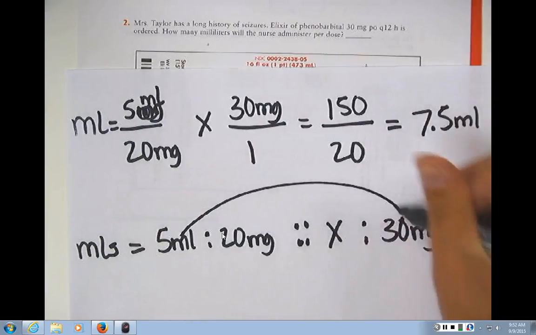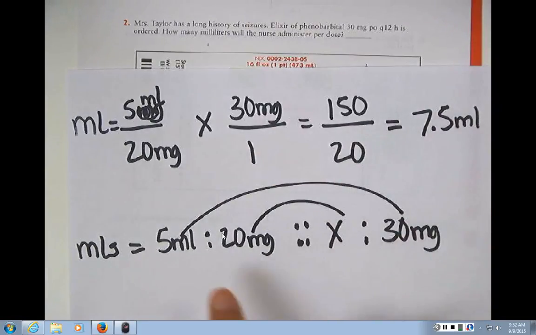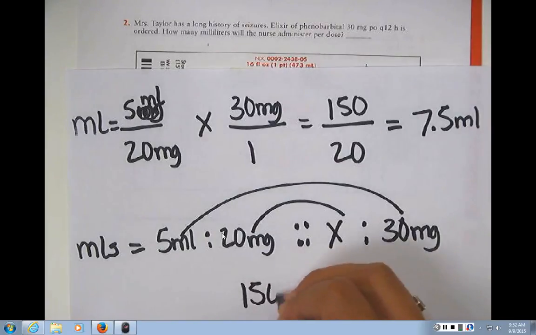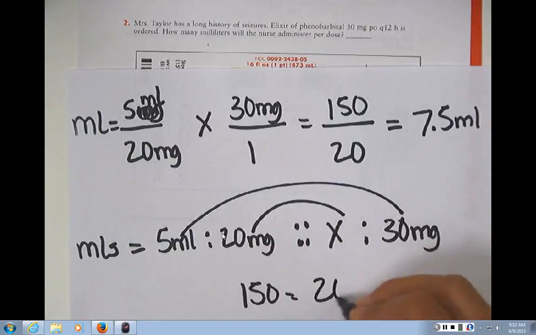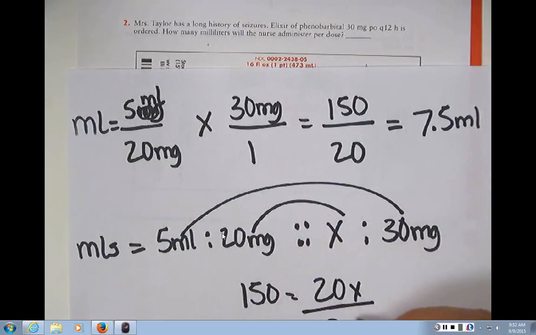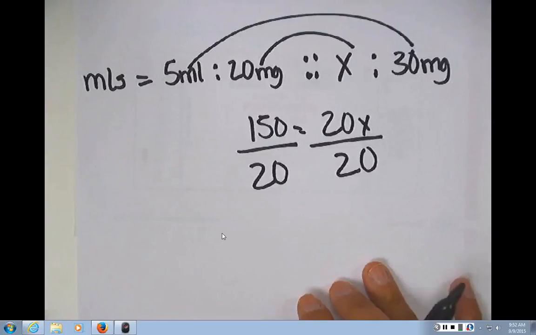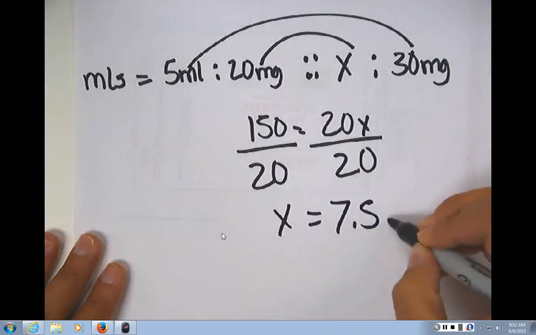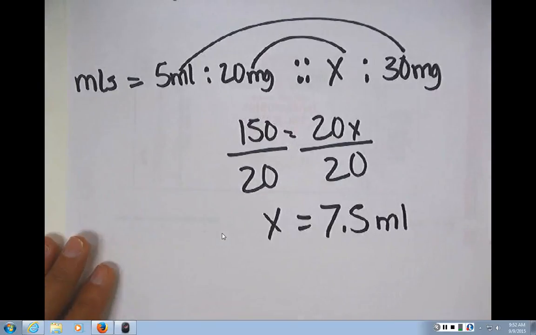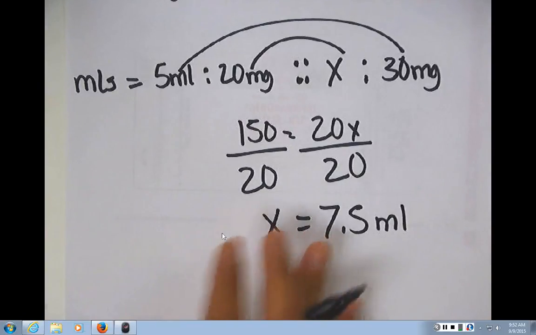We know that 5 times 30 is 150. 20 times x is 20x. And to get the x by itself, I have to divide both sides by 20, and it gives me x equals 7.5 mLs. Okay, let's do another one.